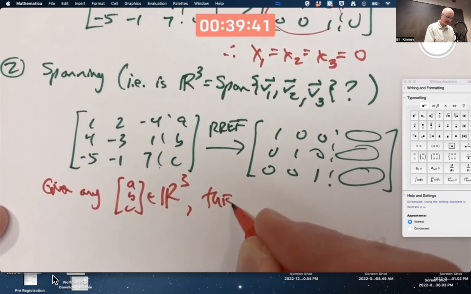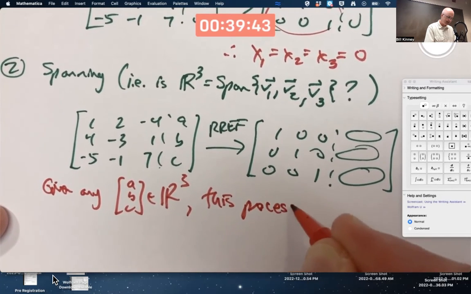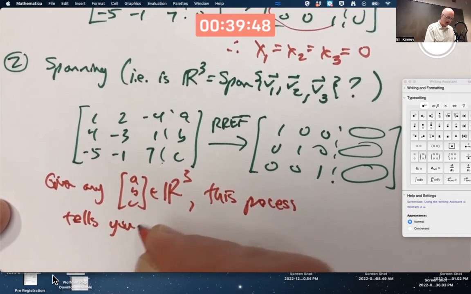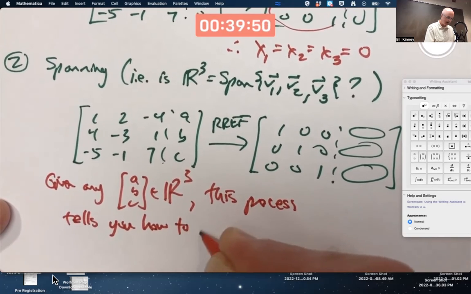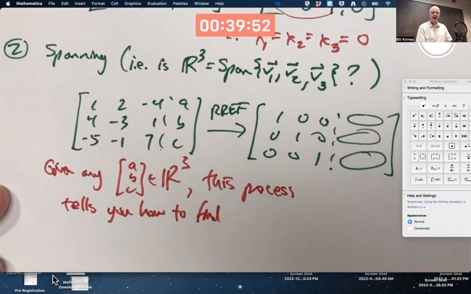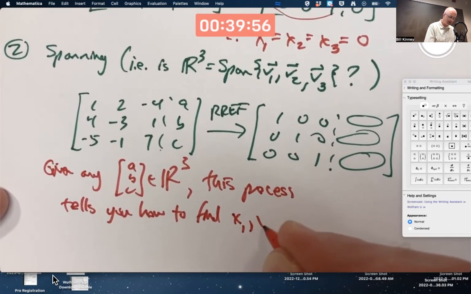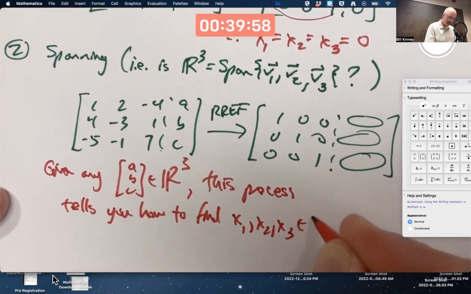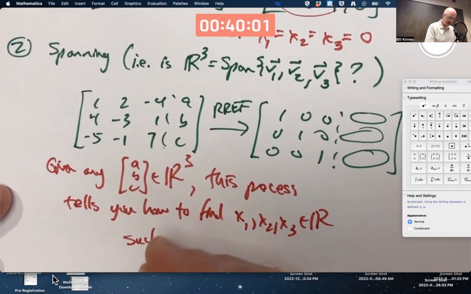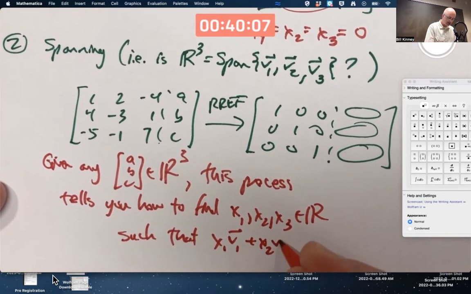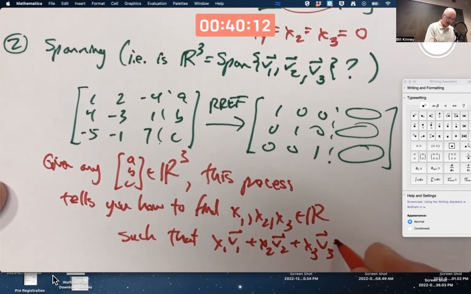This process tells us how to find scalars x1, x2, and x3 such that x1 v1 plus x2 v2 plus x3 v3 equals this vector ABC.